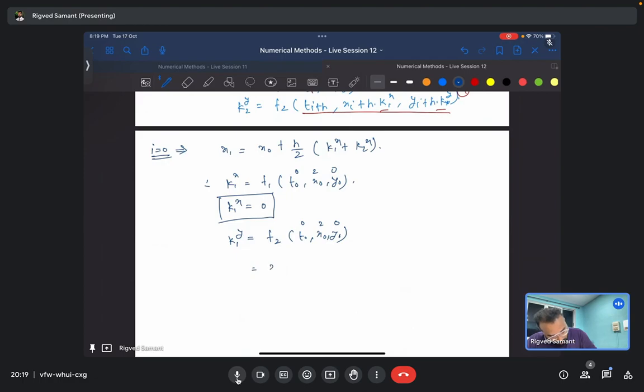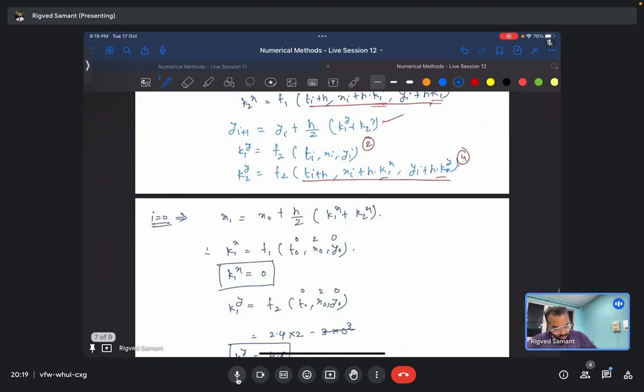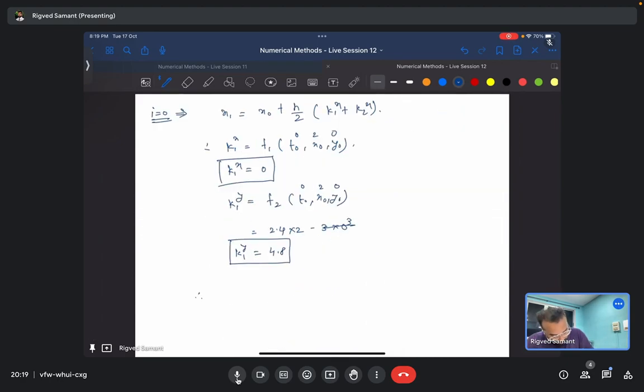So 2.4 into x, that is 2, minus 3 into 0 cube. So this is 0, this is 4.8, so k1y is 4.8. Now you have k1x, you have k1y. Now you can find out k2x.